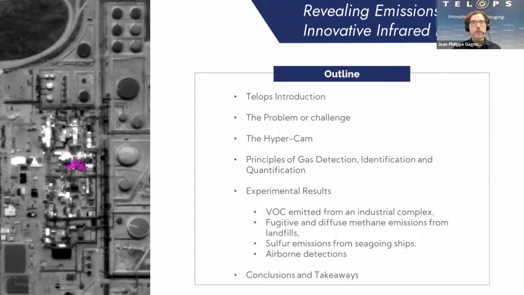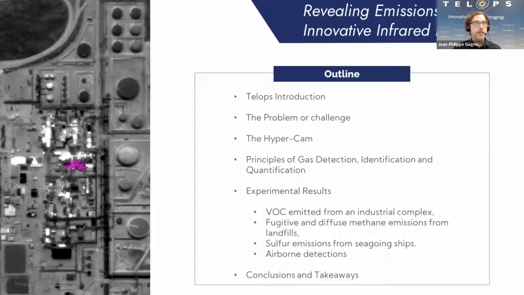This, I think, will allow you to get a better understanding of the principles behind it and how we're able to go from just a single image to having gas that is quantified in grams or grams per hour, for example.